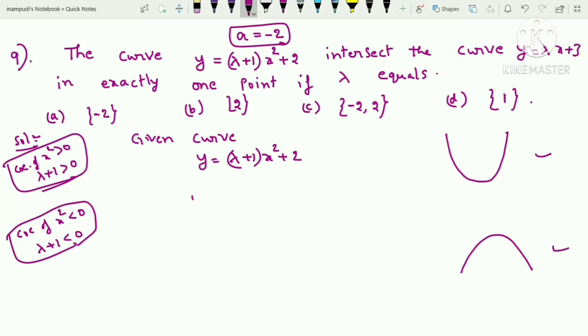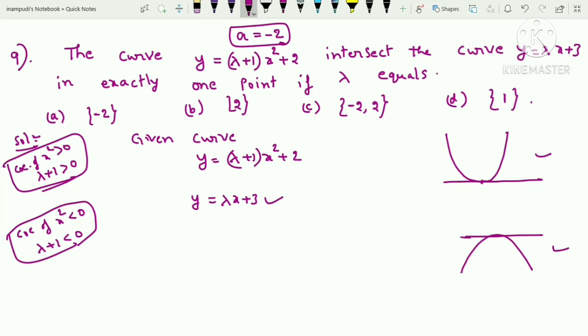Another curve means y is equal to lambda x plus 3. This is a linear form, a line equation. This touches in only one place, only one point. Otherwise, if it is in the downward direction, it is in this way.